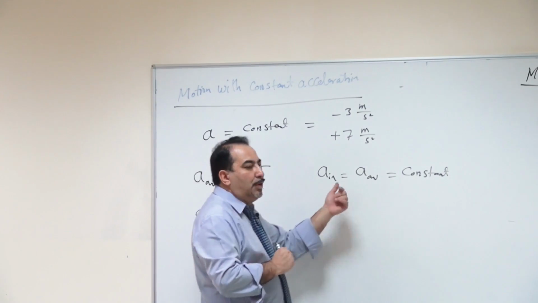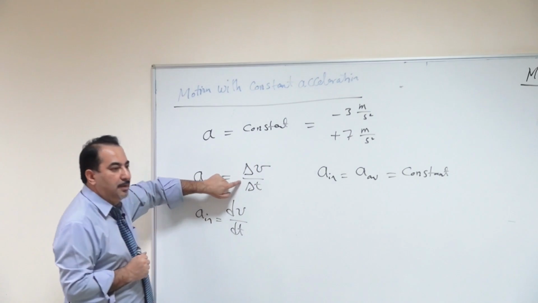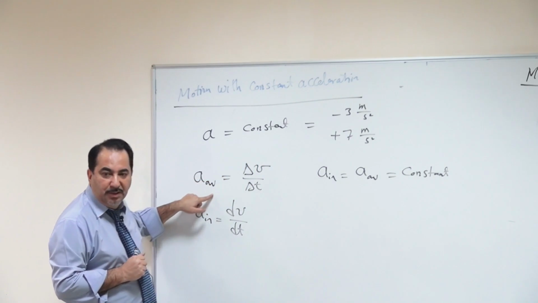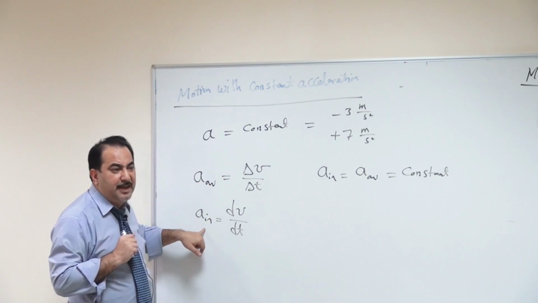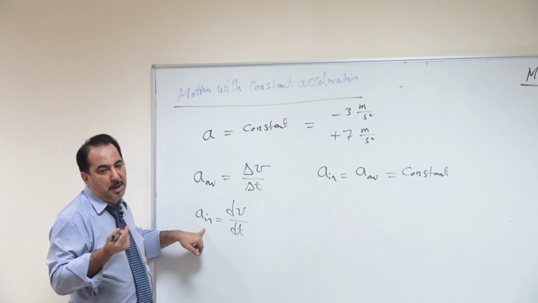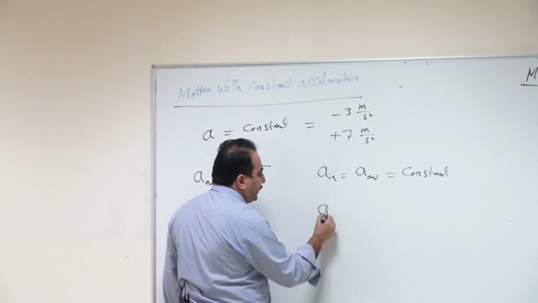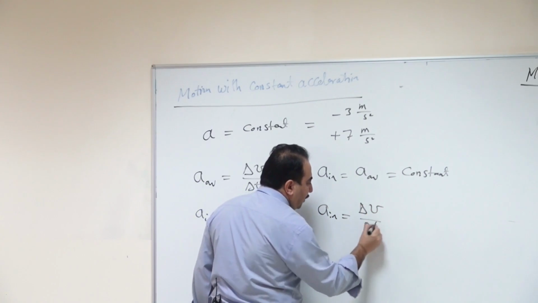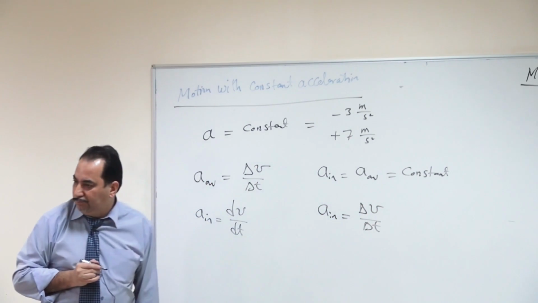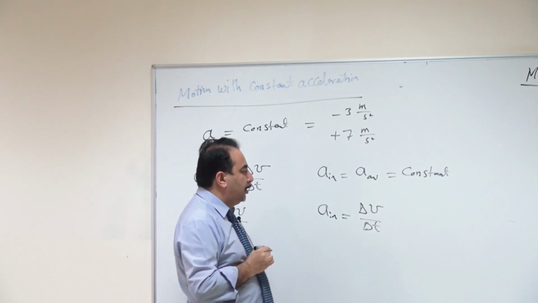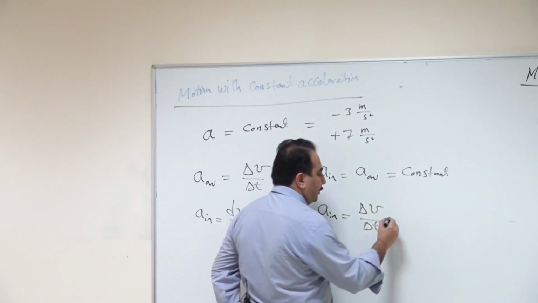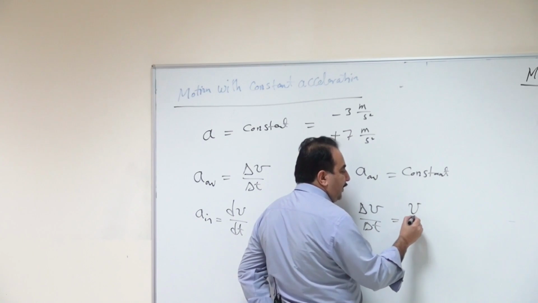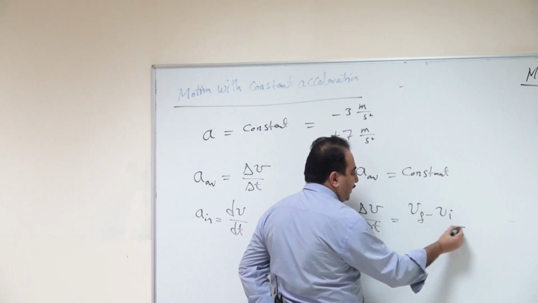Right. So can I use this equation, average acceleration, for instantaneous acceleration or not? Yes. So I'll say instantaneous acceleration is equal to delta V over delta T. What is delta V? V final minus V initial.